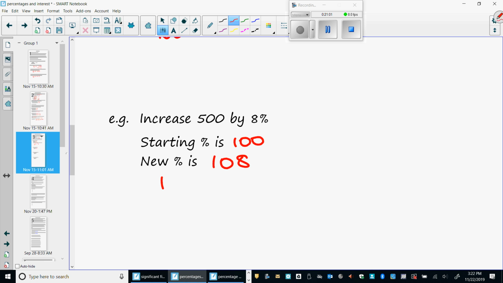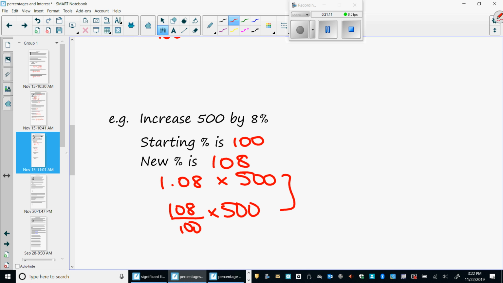We're going to do 1.08 multiplied by 500, or 108 over 100 times 500. Either way, you get the answer of 540. Is it more than we started? It's a good sign.